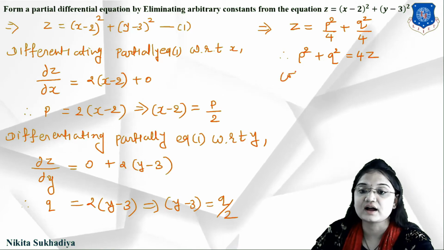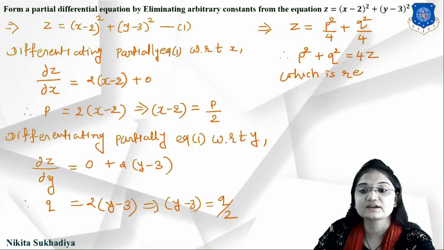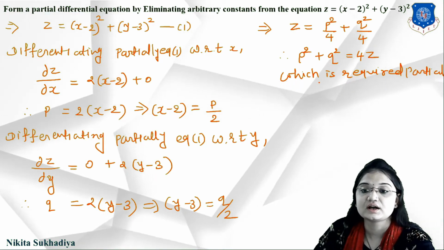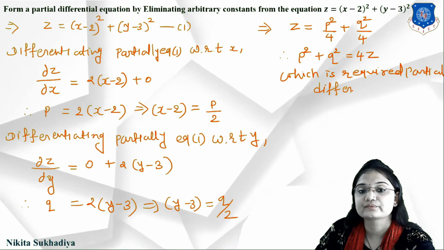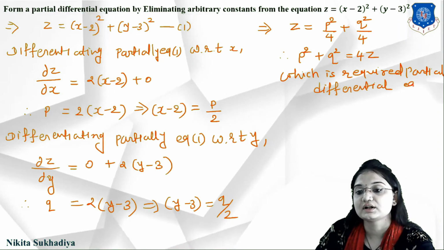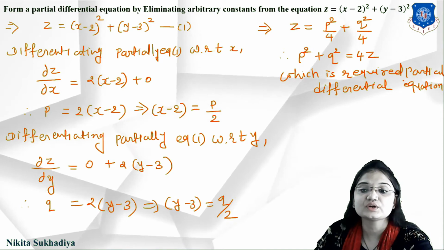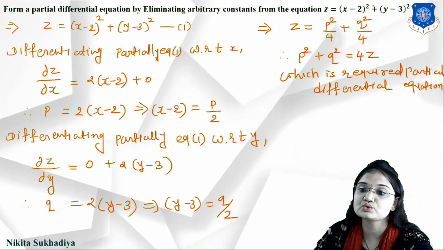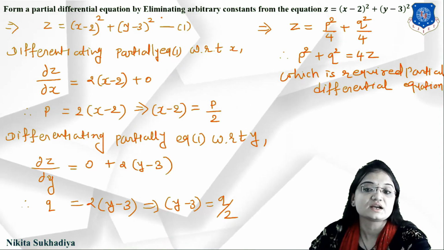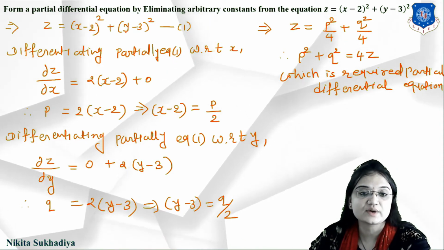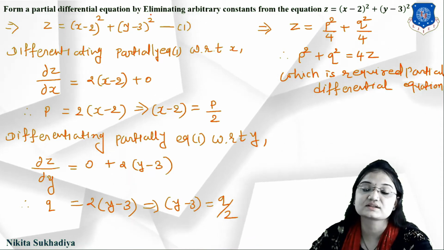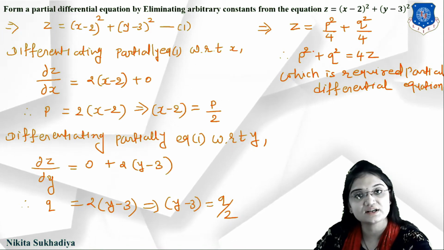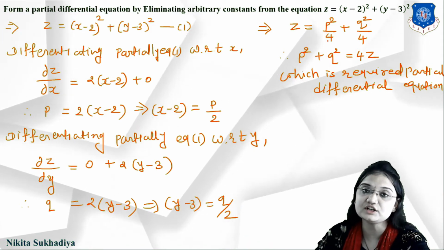So this is the required partial differential equation, and you can clearly see that we have eliminated the constants 2 and 3 from the equation z is equal to (x minus 2) whole square plus (y minus 3) whole square, and we get our final partial differential equation by eliminating arbitrary constants.